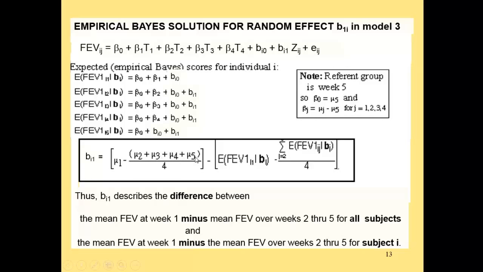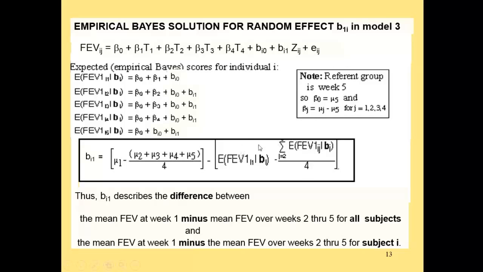So it's taking 2, 3, 4, and 5, collapsing it down into one measurement, okay, by averaging it, and it's just saying, okay, overall for everybody, what's the average response from week 1, which was baseline without the pollution alert, to the entire period with the pollution alert and post the pollution alert? Did things get worse from week 1 versus an average of weeks 2, 3, 4, and 5? Okay, this is for everyone.